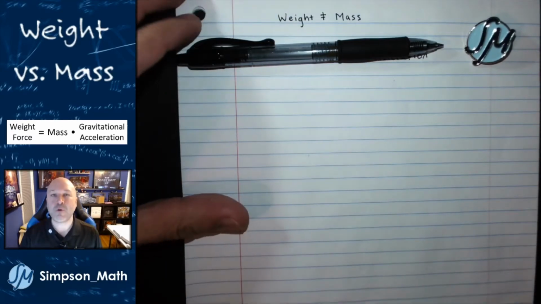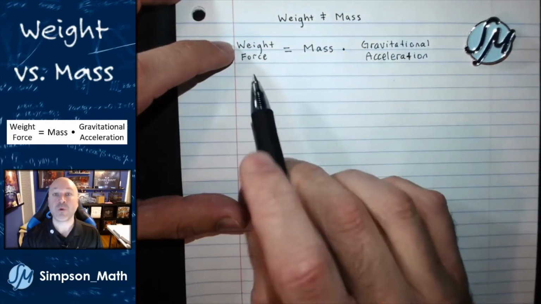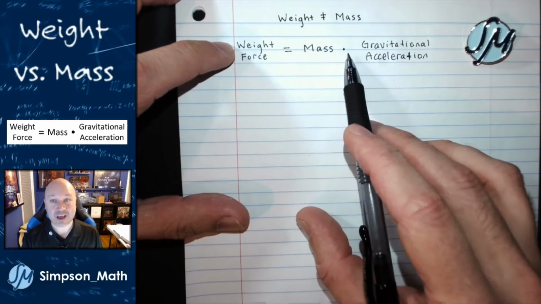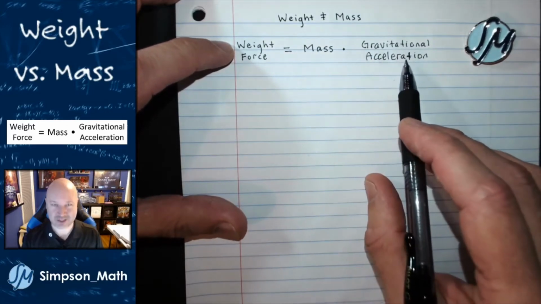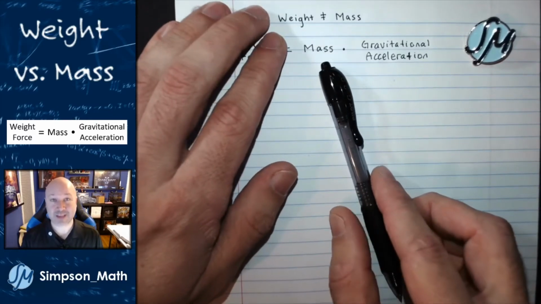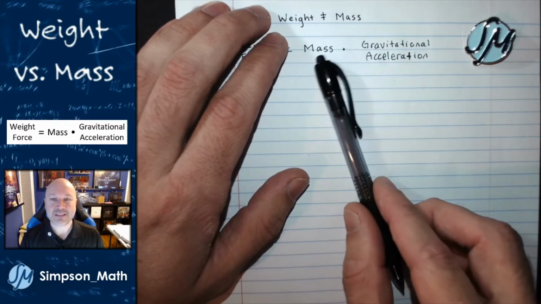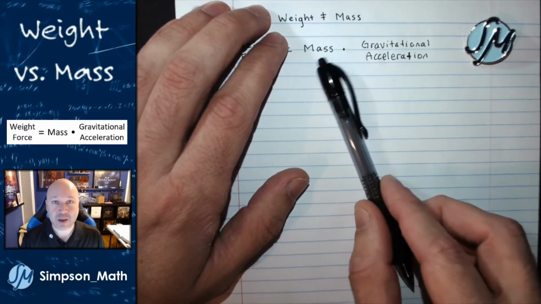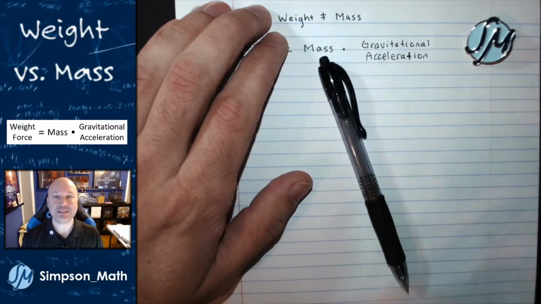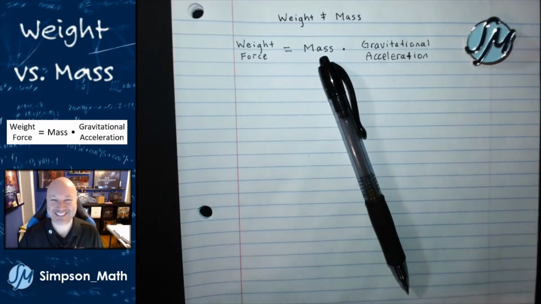It all boils down to one of Newton's laws, which just says that weight force is equal to mass times gravitational acceleration. What does that mean? That means when we step on a scale, and let's say we're in the metric system, and it tells us we weigh a certain number of kilograms, well, that's not the weight, that's the mass. Mass is the quantity of ourselves, like how much is in us.